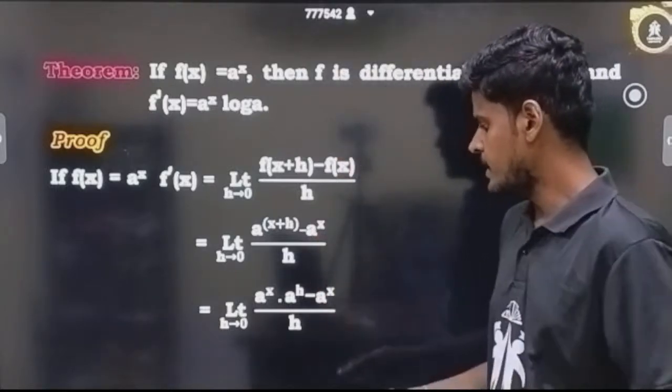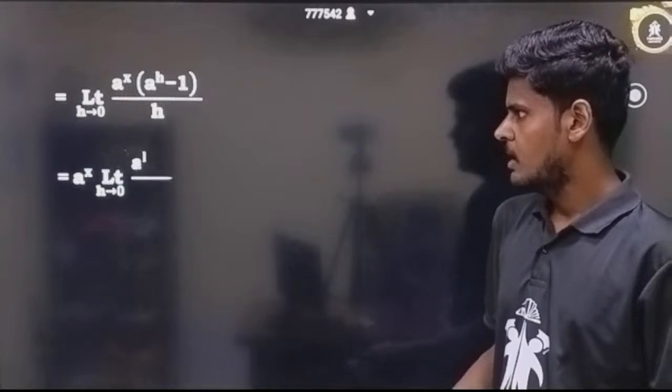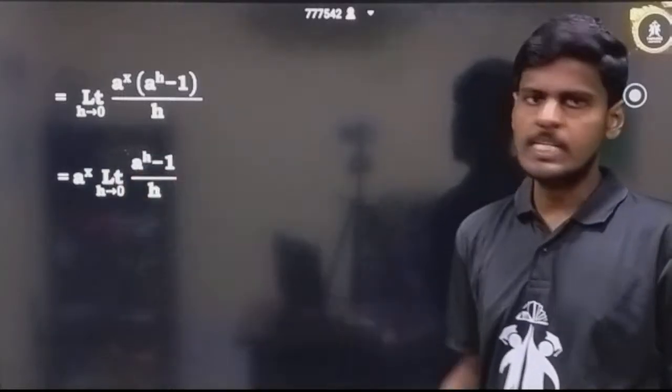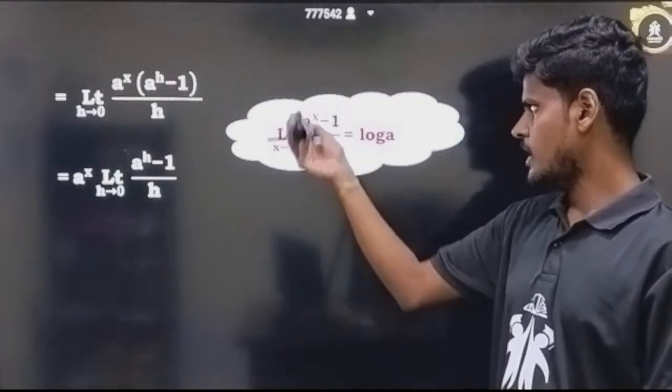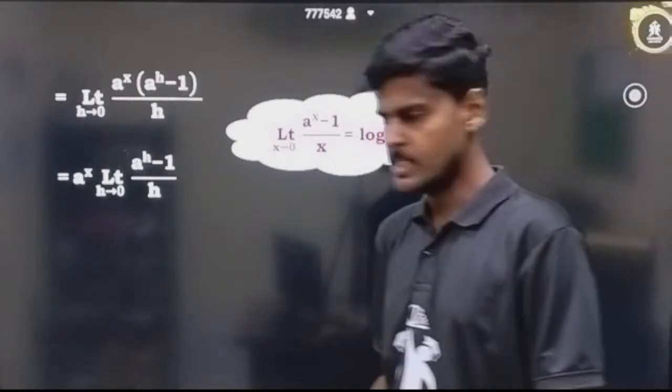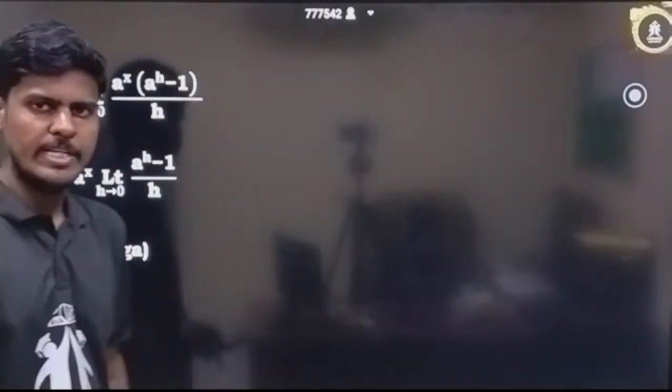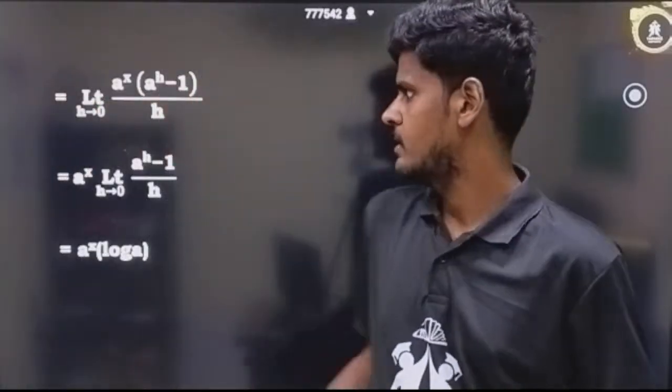Remaining we will have a power h minus 1 divided by h. And what is this limit? This value of limit is nothing but log a. a power x minus 1 divided by x, limit is log a. We already saw this in limits. So this is nothing but a power x into log a.